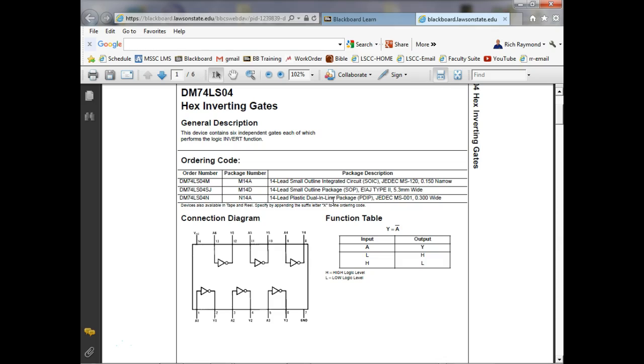So an AND gate does AND logic. An OR gate does OR logic. An inverter does NOT logic. Say it again? An inverter does NOT logic. So the name of the logic is NOT, but the name of the gate is an inverter. So this is the only one that's different. A NAND gate does NAND logic.